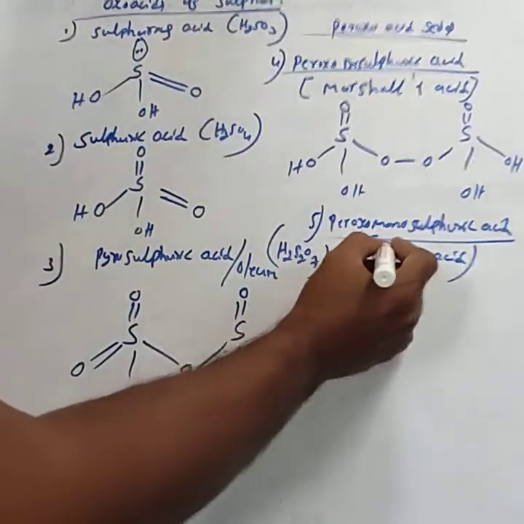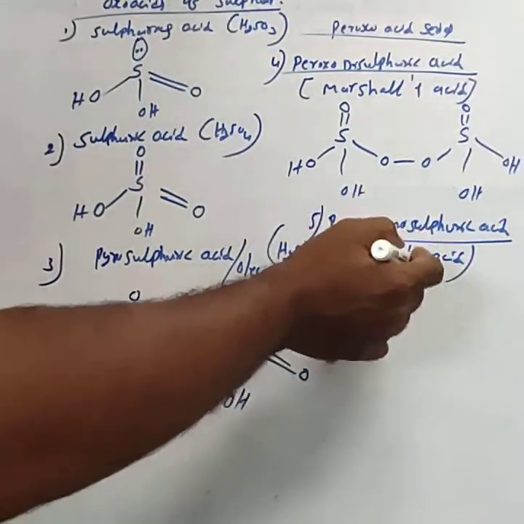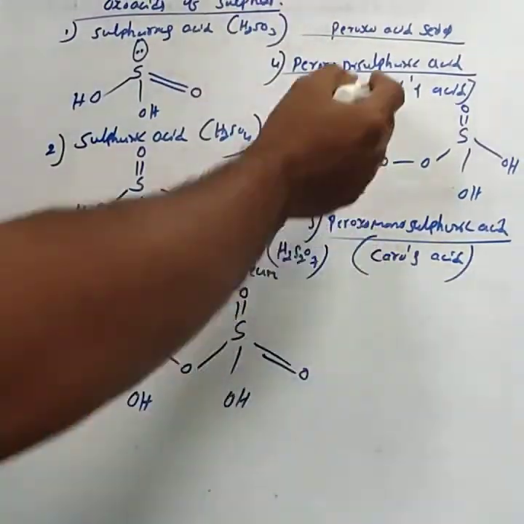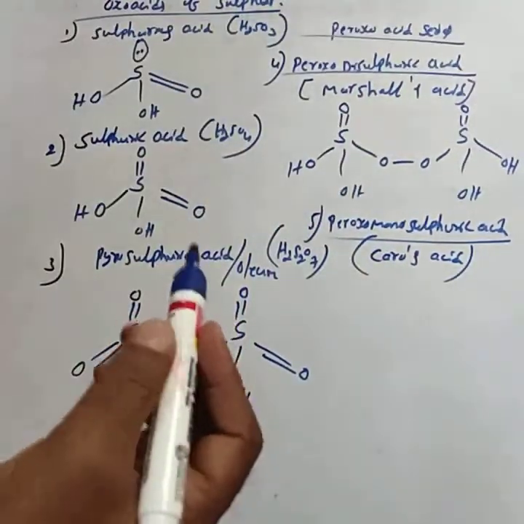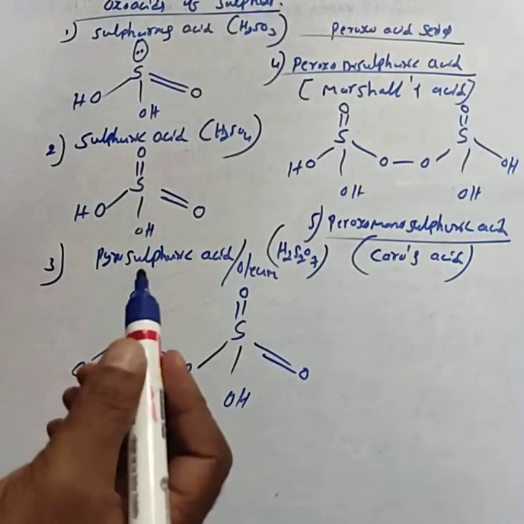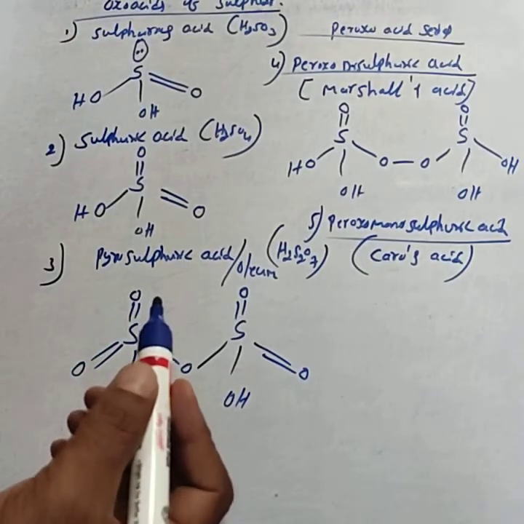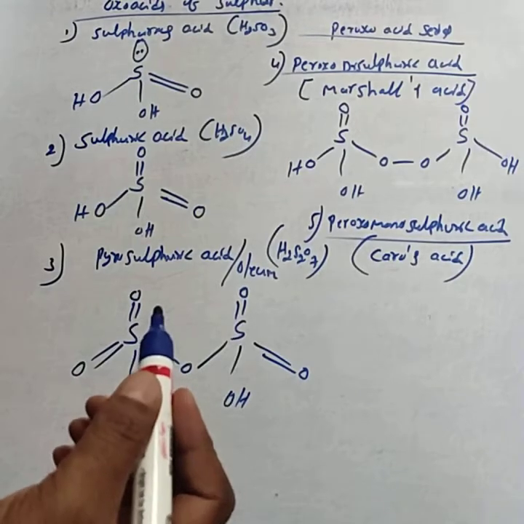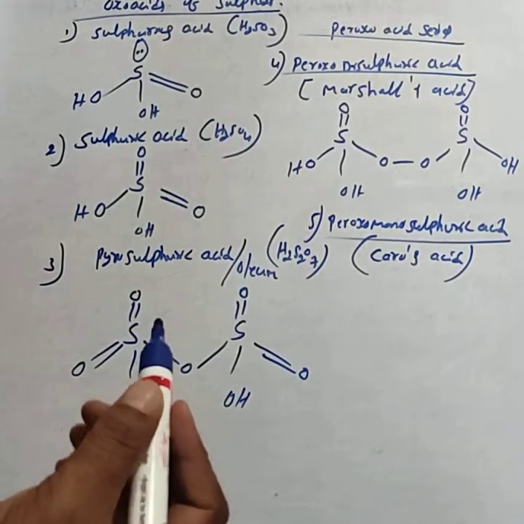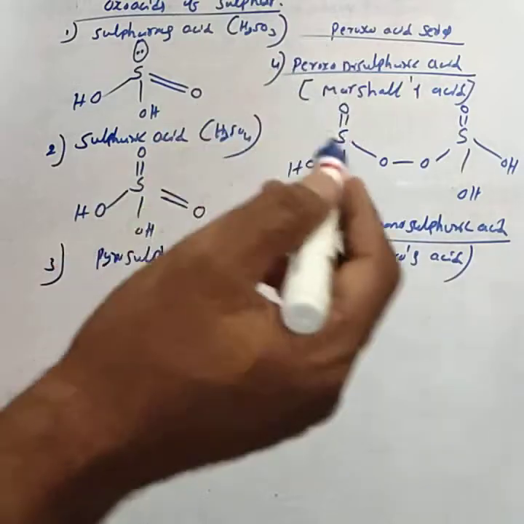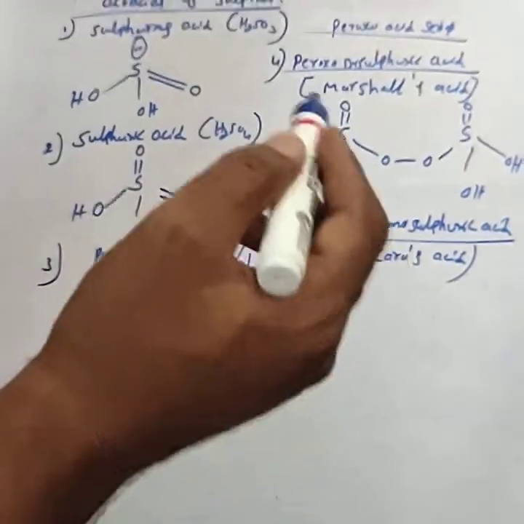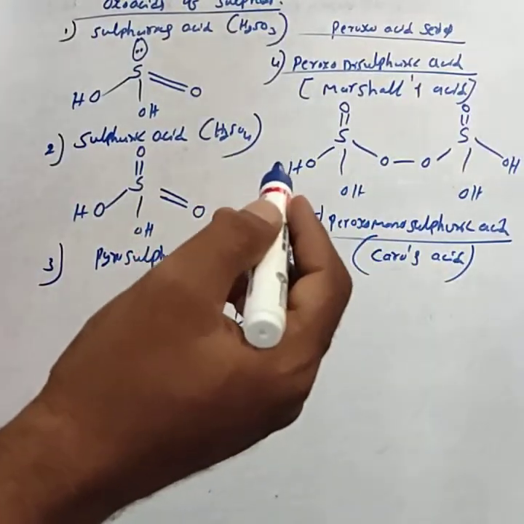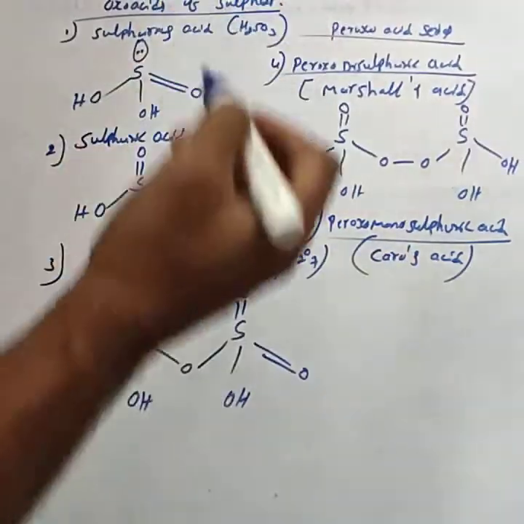For competitive exams, you have to remember both Caro's acid and Marshall's acid. They are examples of peroxy linkages. That is peroxo monosulfuric acid and peroxo disulfuric acid. They contain the peroxy linkage, O-O linkages. Hence they are called the peroxo acid series.